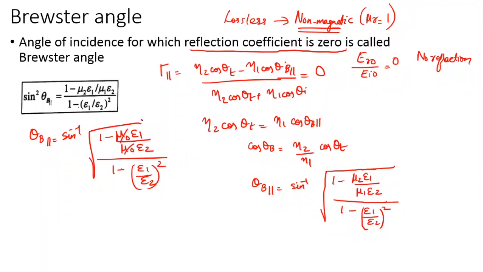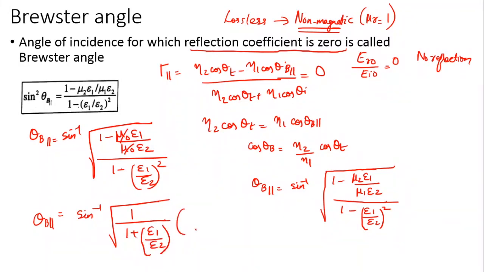These two get cancelled. So this is a minus b, and the denominator is a square minus b square. So this can be written as a plus b into a minus b form. So again it can be simplified as theta b parallel will be sine inverse square root of 1 divided by 1 plus epsilon 1 divided by epsilon 2.